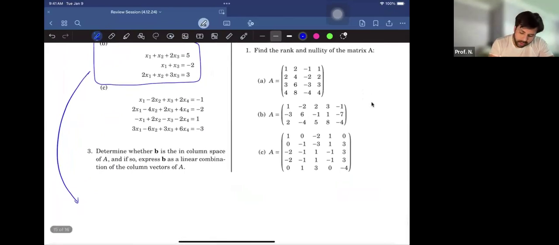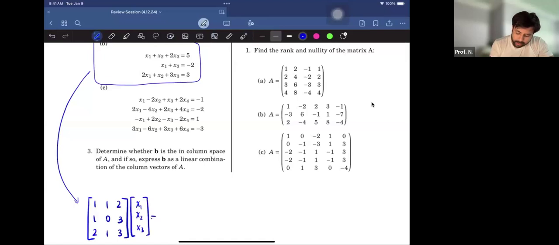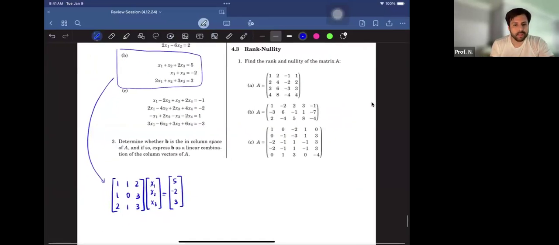The coefficient matrix is 1, 1, 2, 1, 0, 3, 2, 1, 3. Then I would have a corresponding column vector x1, x2, x3, and this will equal 5, negative 2, 3. Agreed? We've seen this time and time again.